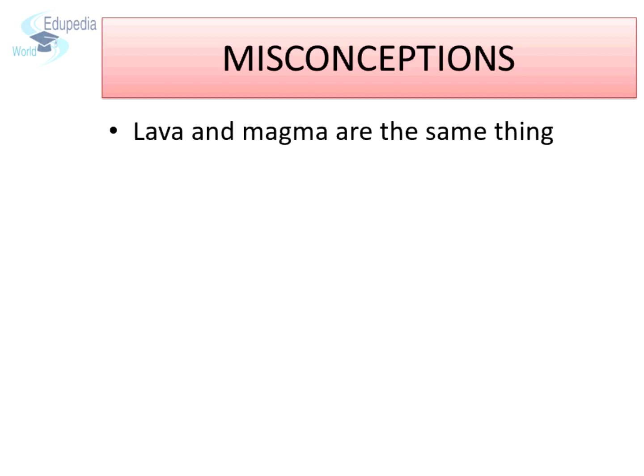Before we begin our exploration about igneous rocks, let us look at some of the common misconceptions that exist regarding the igneous rocks. First, some people believe that lava and magma are the same thing.